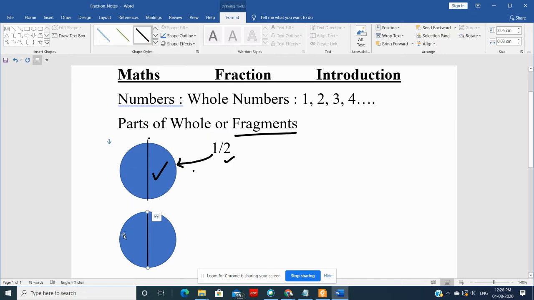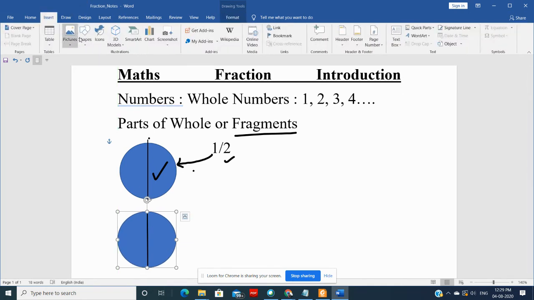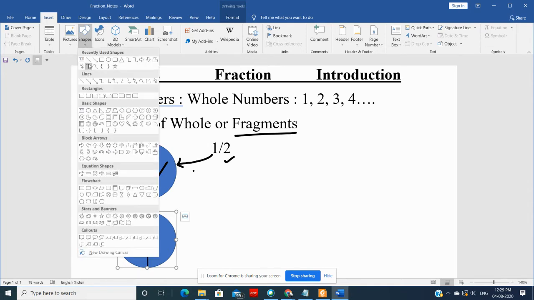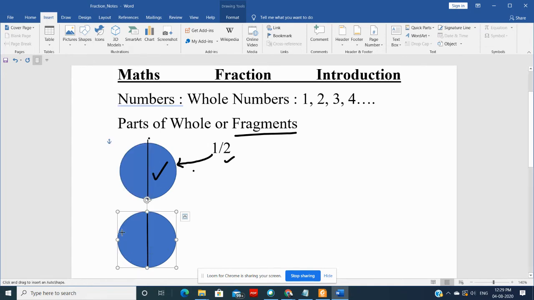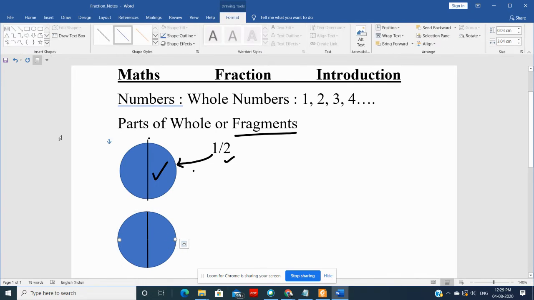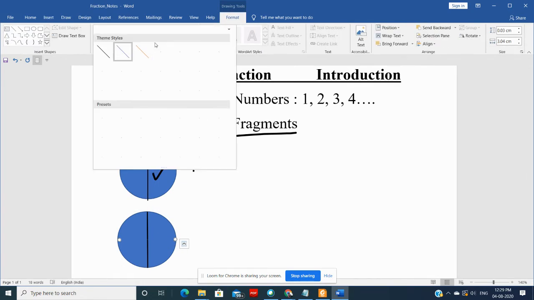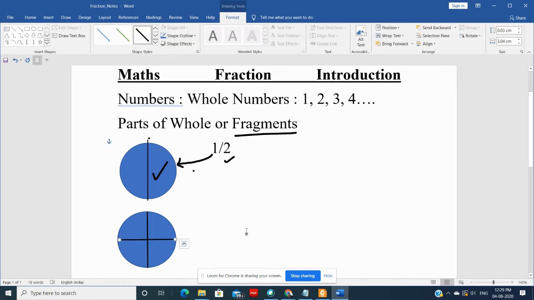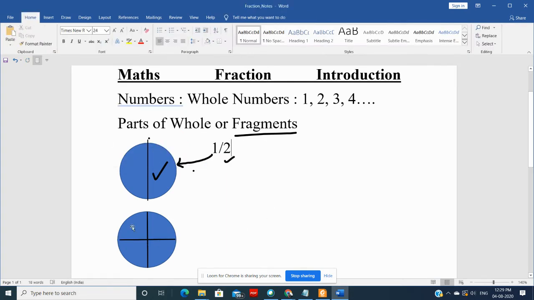One is this, and the other one is this. So now you can see there are total 4 parts: 1, 2, 3, 4.